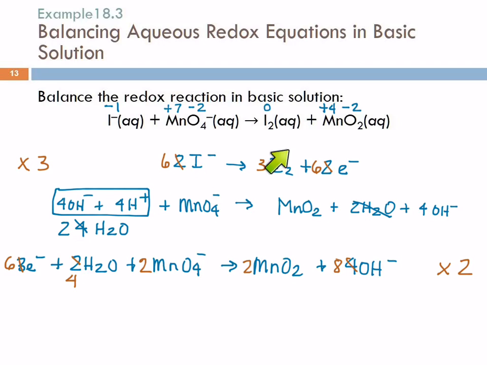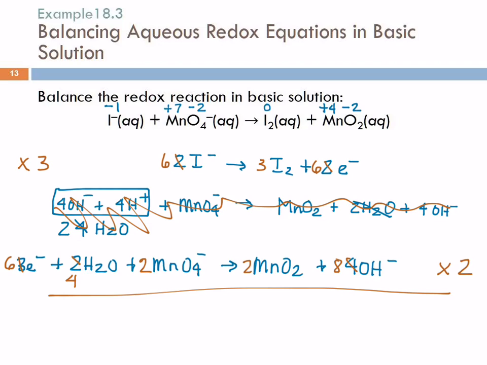So now I'm going to take this equation and add it to this one. This guy in the middle is not needed anymore. So we add these together. So we've got 6I minus. I'm going to leave the state symbols out because I don't know if I'm going to have room for them.